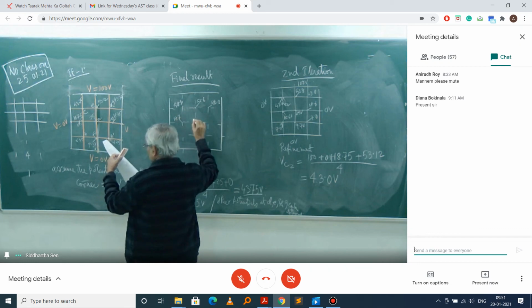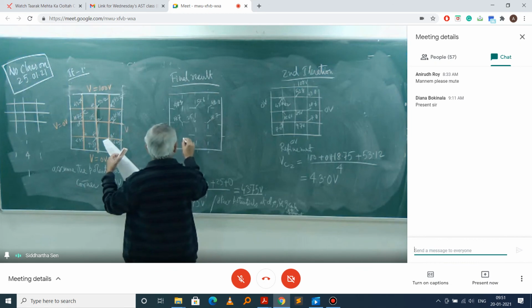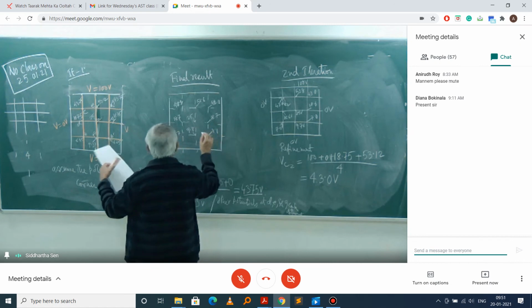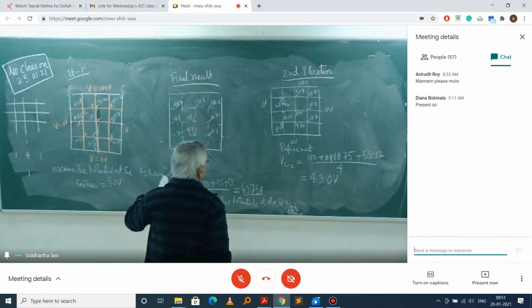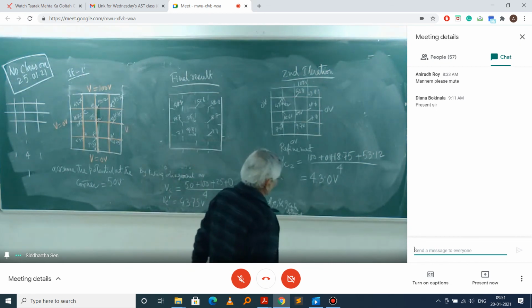Here it is 25. Here it is 18.7. Here it is 7.1. This is 9.8. And this one is 7.1. So you see that ultimately they are converging, finally you are getting these values here.